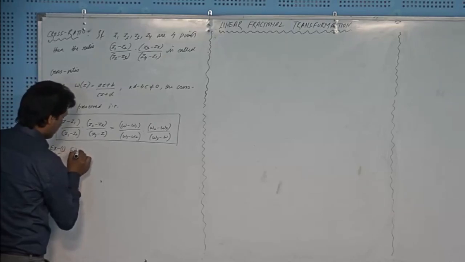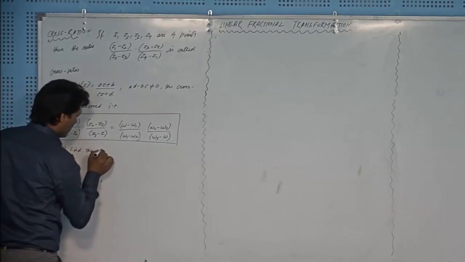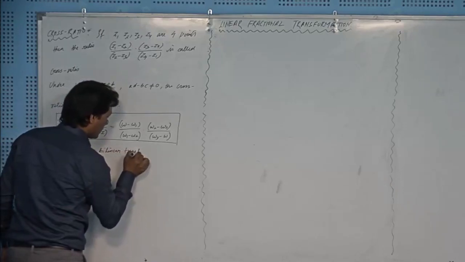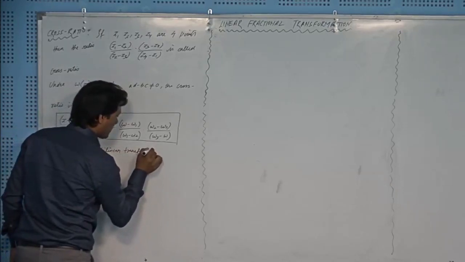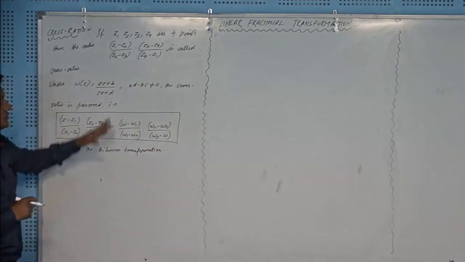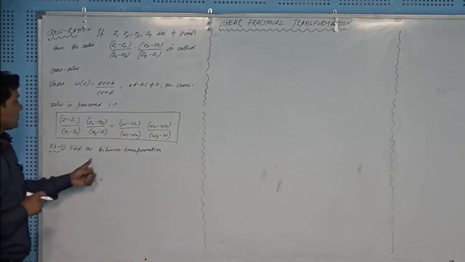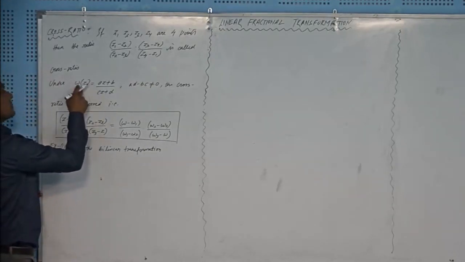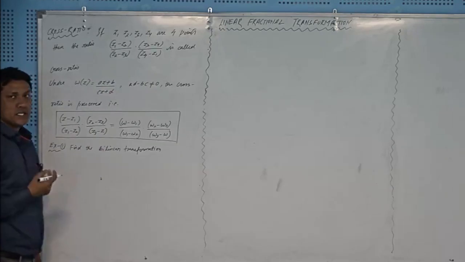Find the bilinear transformation. As you know, the word bilinear is also used in place of linear fractional transformation. And why do we use this word bilinear? If you cross multiply, you will get an equation in W and z.